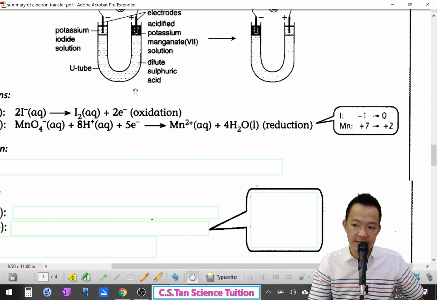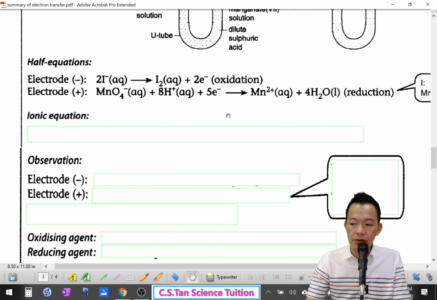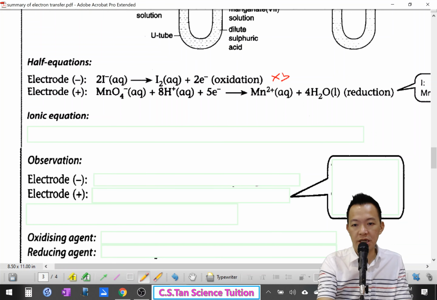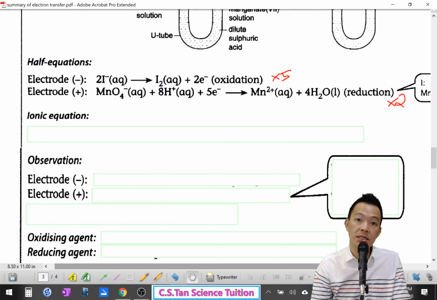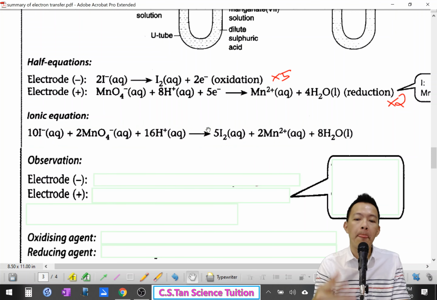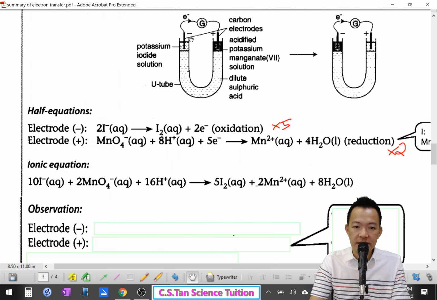6 marks. Now, 6 marks, worth it. Ionic equation, boring, sorry. So times 5 to make the electrons equal, times 2 to make the electrons equal. So after this cancel the electrons and copy. So negative electrode, the one that loses electrons, is negative.